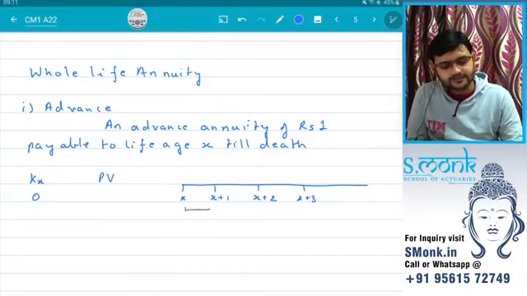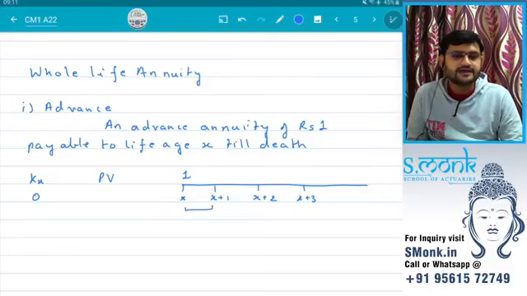That means the person dies within the first year, and the payment of 1 was given at time 0.